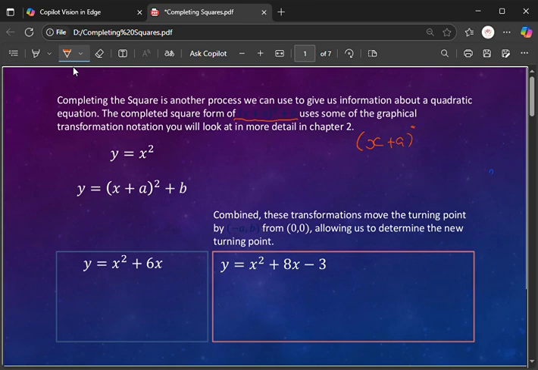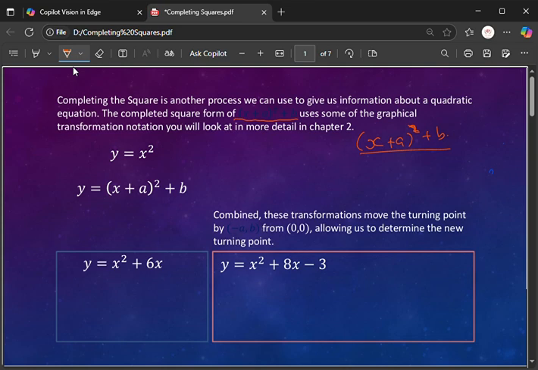I believe at IGCSE level you've encountered questions that are asking you to write a quadratic equation in this form. Sometimes they will not tell you directly to solve the quadratic equation using completing squares. Sometimes they'll say write this equation in the form x plus a in parentheses squared plus b.